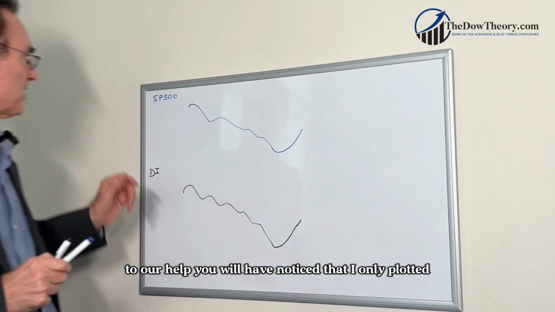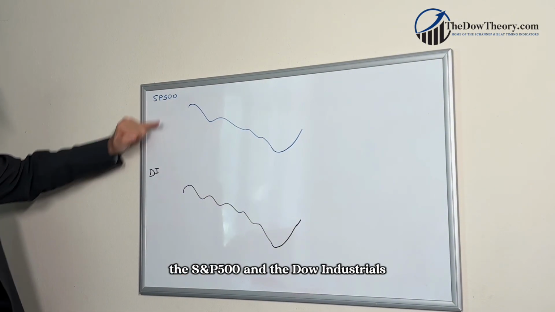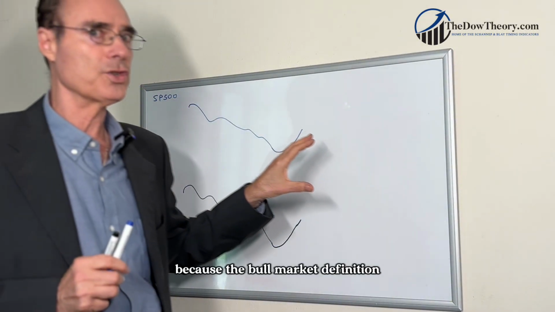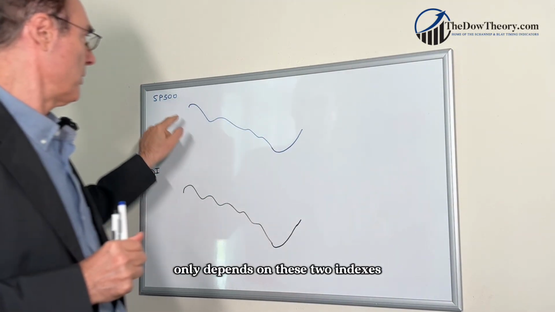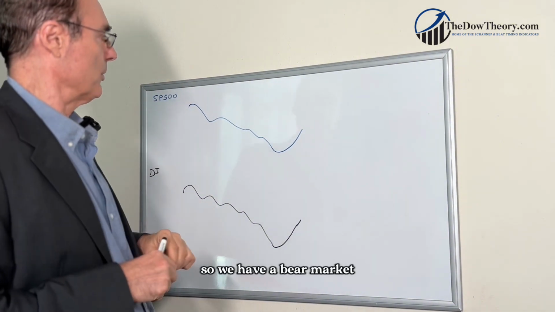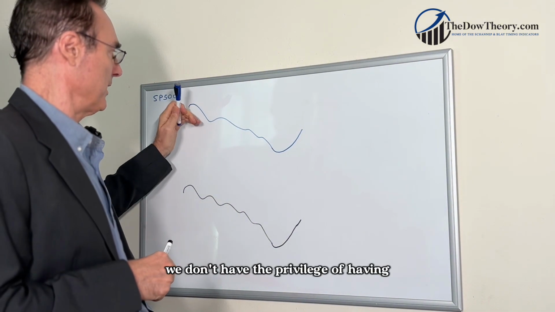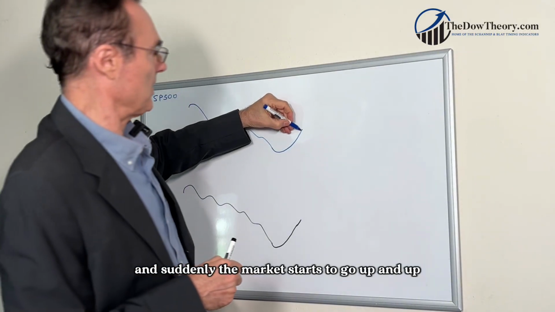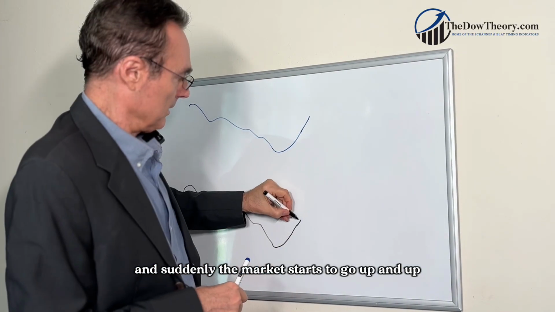You will have noticed that I only plotted the S&P 500 and the Dow Industrials because the bull market definition only depends on these two indexes. So we have a bear market, we don't have the privilege of having proper secondary reactions, and suddenly the market starts to go up and up.